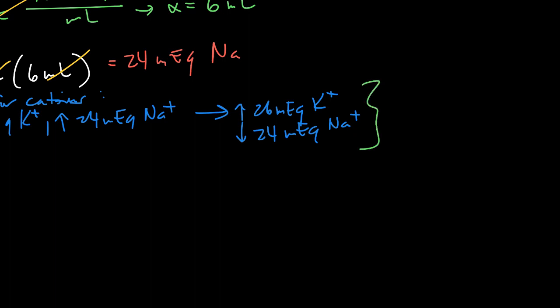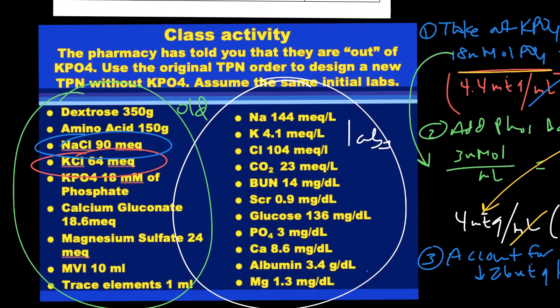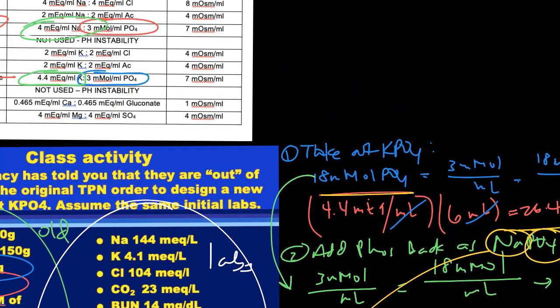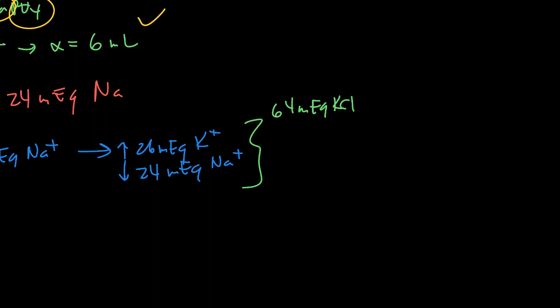Let's first work with potassium. You originally had how much potassium chloride? 64 milliequivalents of potassium chloride. And how much sodium chloride did you have? You had 90 milliequivalents of sodium chloride.